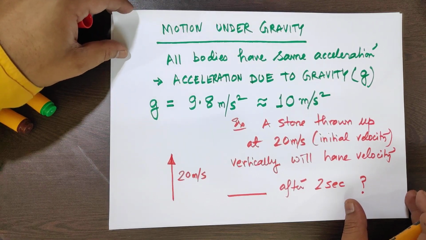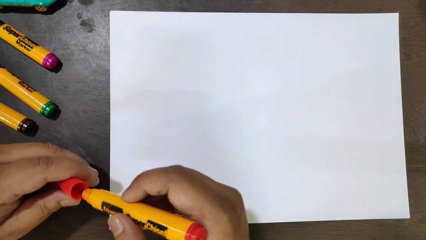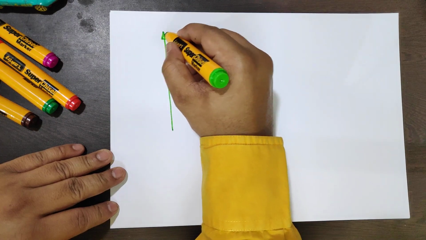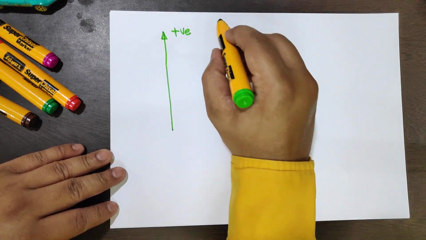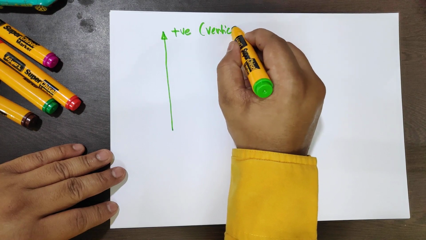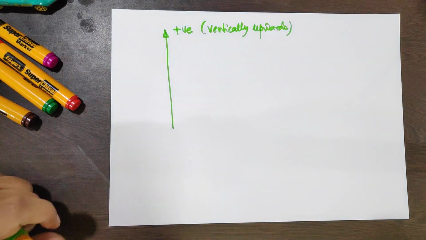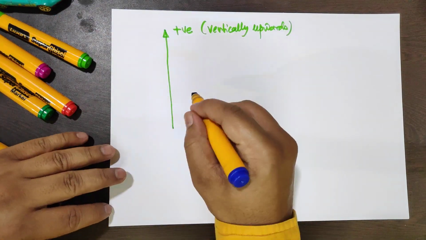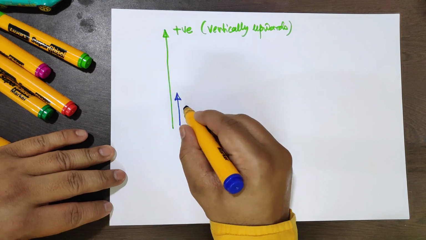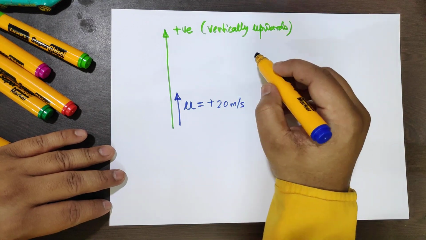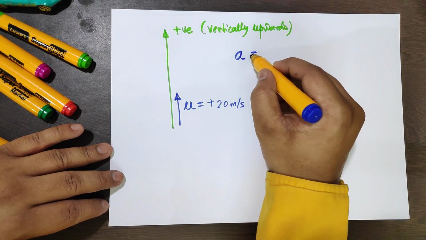So for solving this problem and all problems of this type, our first job is to consider a positive direction. So we'll choose this vertically upwards as positive direction, and u is equal to, it's thrown upwards, so plus 20 meter per second, and the acceleration is how much?